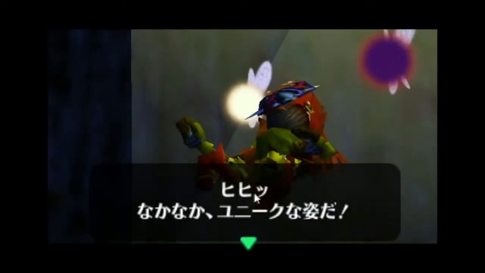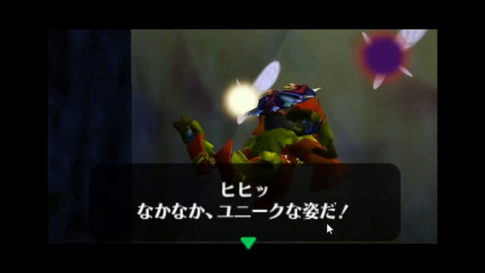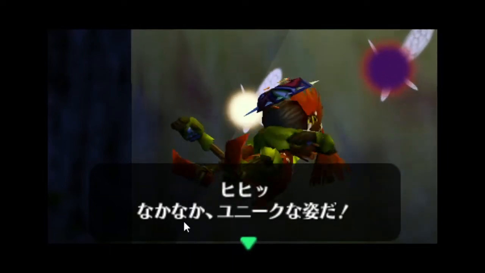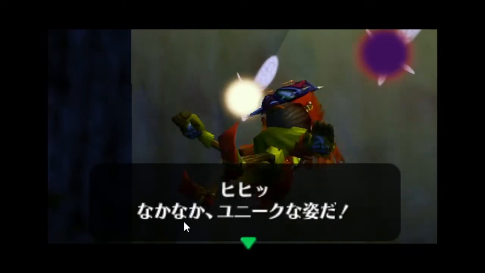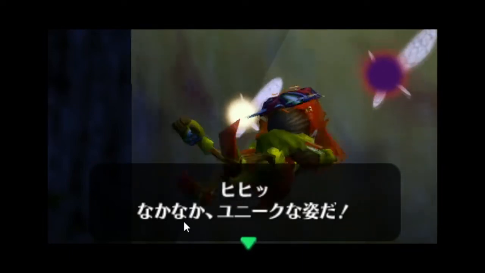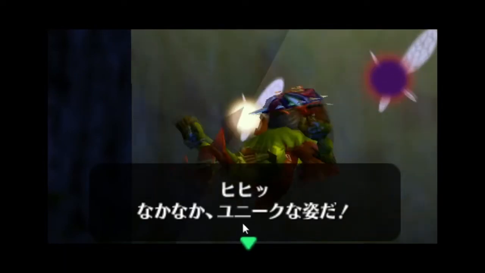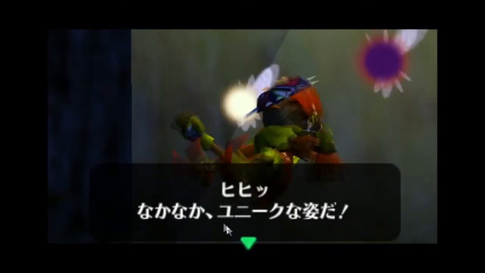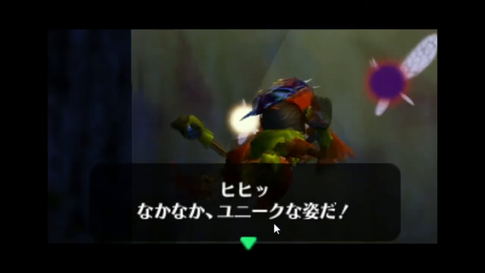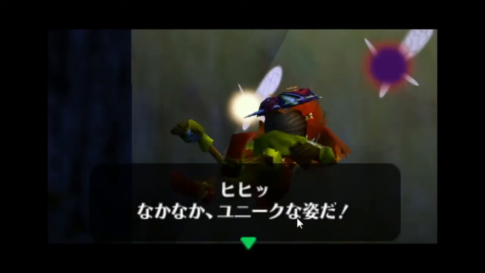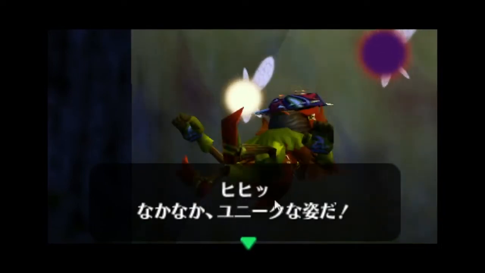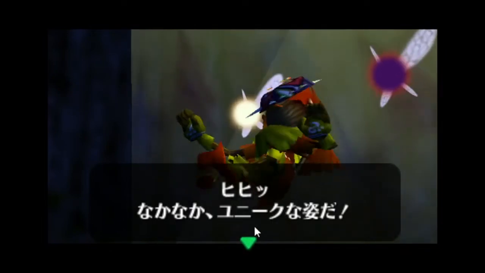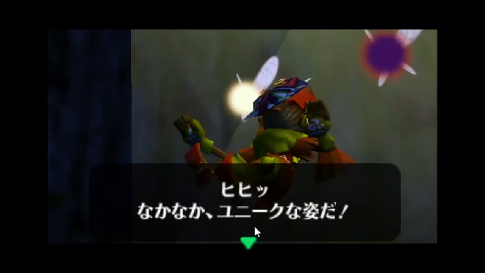Okay, so we're saying hihi, naka naka uniku na sugata da. Naka naka basically means considerably. Uniku means unique, surprisingly. I feel like it might have accidentally taken on a slightly different sense in Japanese, because a lot of English words do when they get put into Japanese.